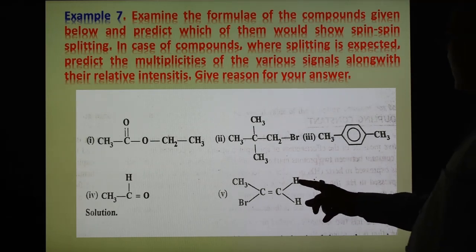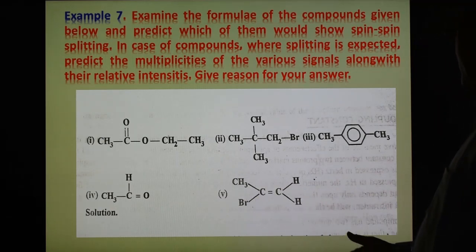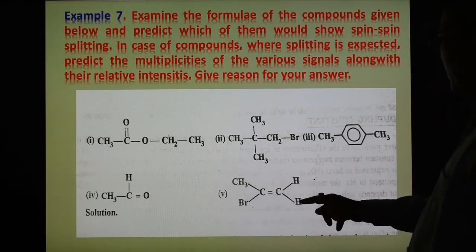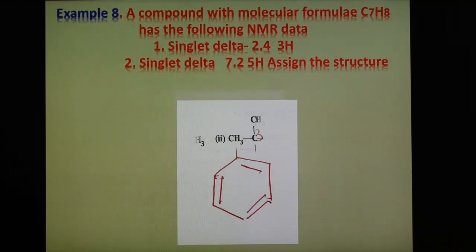These look like the same, but the environment is different. Stereochemically they are the same, magnetically they are different. Therefore they split each other and give a doublet. So in this way we can tell whether the compound shows splitting or not. For splitting of a group, non-equivalent protons must be there.